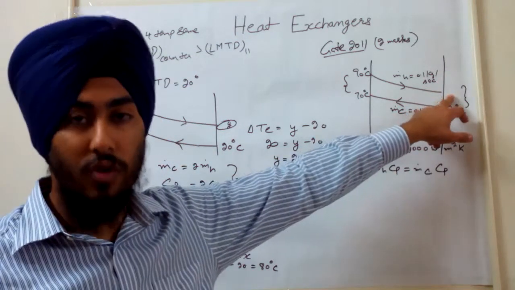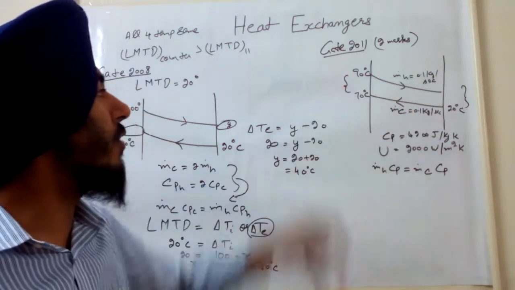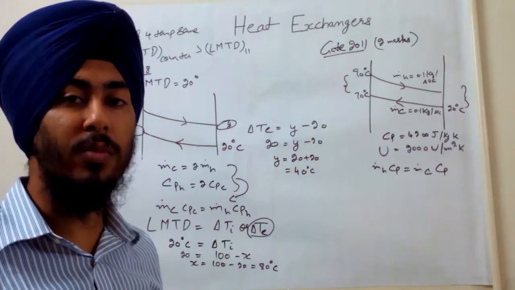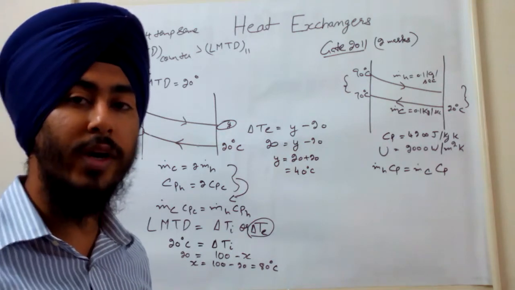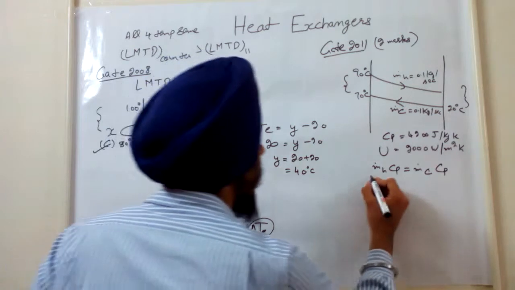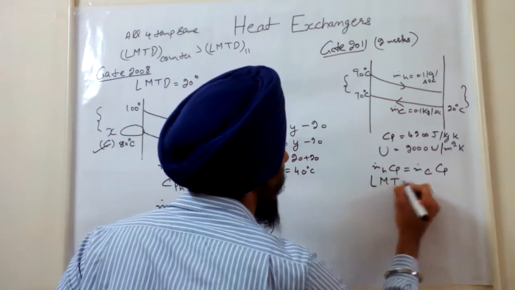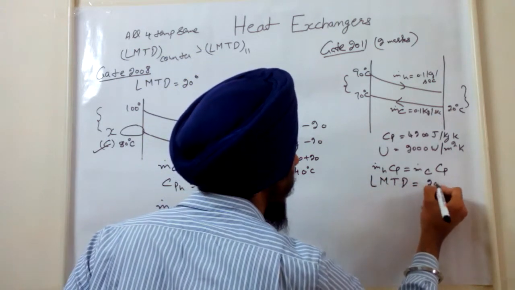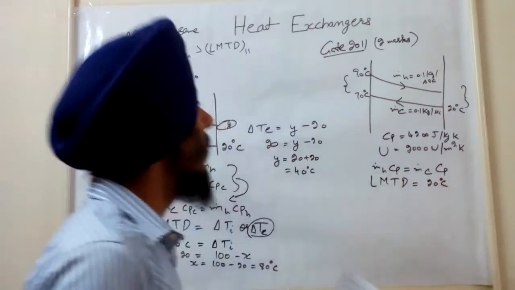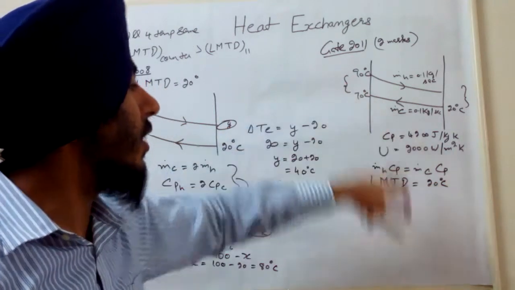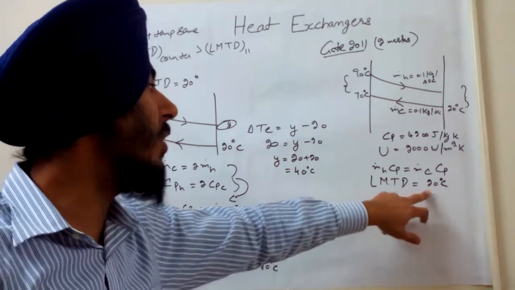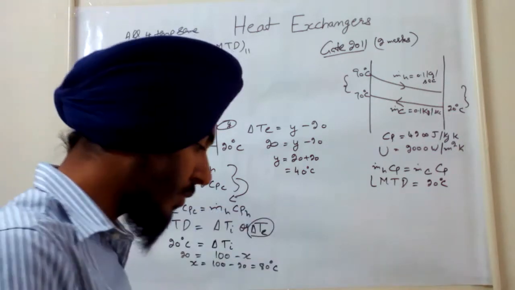This temperature is not given to us and this temperature is given, so LMTD will be equal to 90 minus 70, which is equal to 20 degrees Celsius. We have used case 2, LMTD is 20 degrees Celsius.